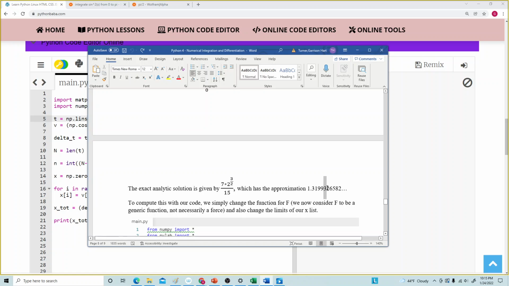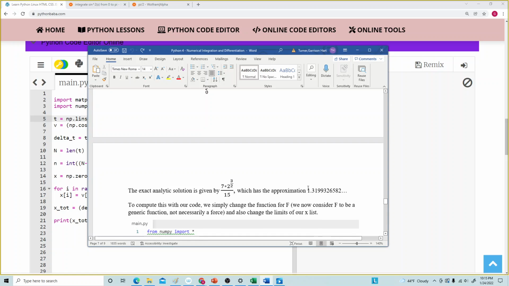This particular function doesn't converge quite as fast as the sine squared function did with 1,000,000, but this is still accurate enough out to the 5th decimal place, which is hundreds of thousands, or tens of thousands, right? No, hundreds of thousands.